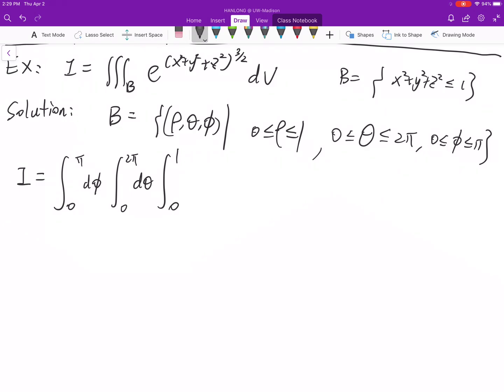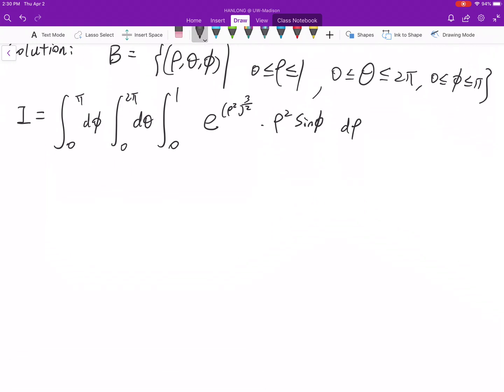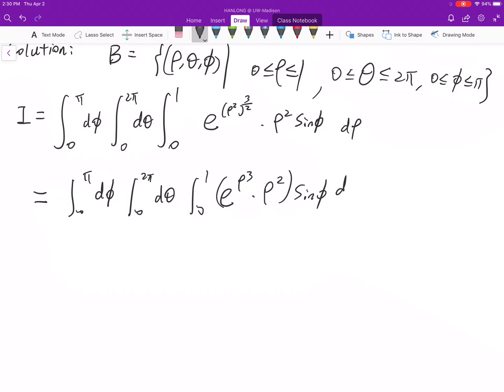Those limit points are just constant functions. Then you plug in the exponential. The exponential actually is rho squared to the 3/2, and then you have the extra factor rho squared sine phi d rho.